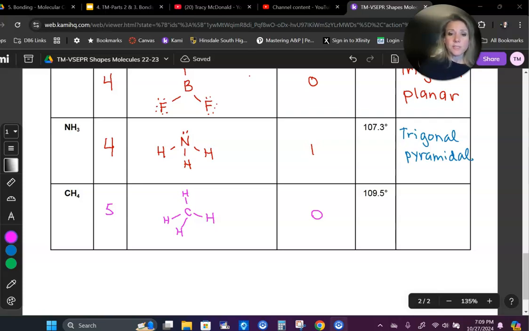And I just want you to see that two of them are in the same plane. You've got this H here that's kind of sticking out at you, and then this hydrogen is kind of sticking out behind the carbon. So that's why I drew it that way. I have no unshared electron pairs around the central atom. This is called tetrahedral.